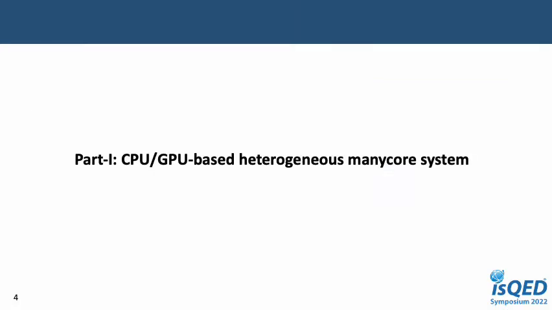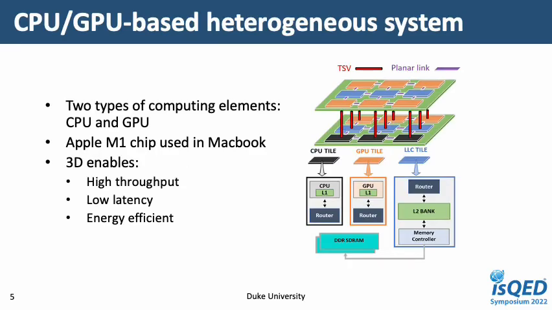Next, I am going to present one heterogeneous many-core system which uses CPU and GPUs. Here we are showing what a CPU GPU based heterogeneous system may look like. As you can see in this figure, the CPU and GPU tiles will have a private L1 cache, and they will be connected to a router which will enable them to communicate amongst themselves.